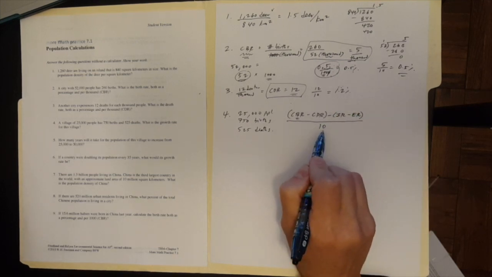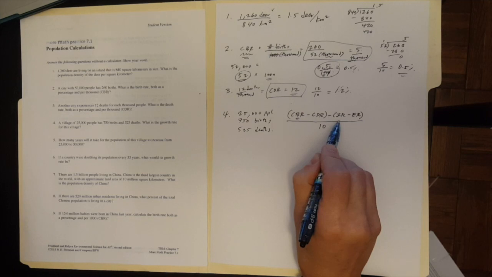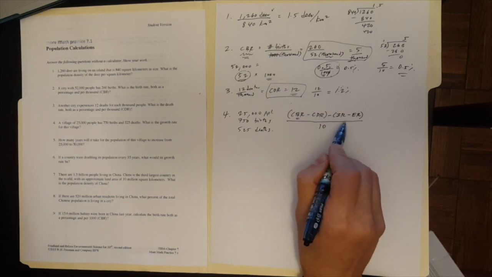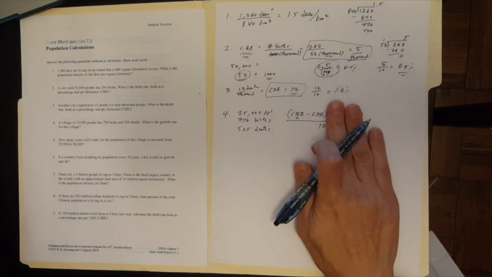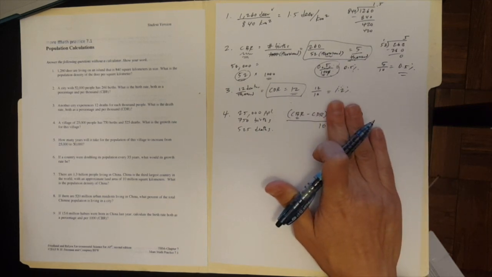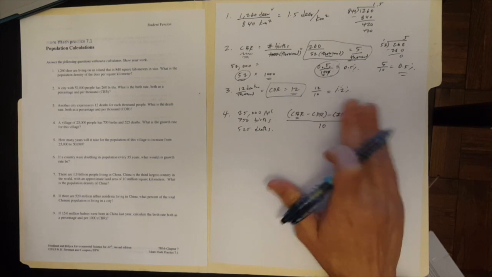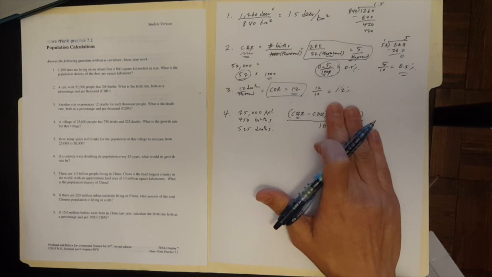Okay. So the thing is, if we don't have any immigration or any emigration, so the migration is net 0, then this part just goes away, right? And we're just left with CBR minus CDR divided by 10, because this is 0.